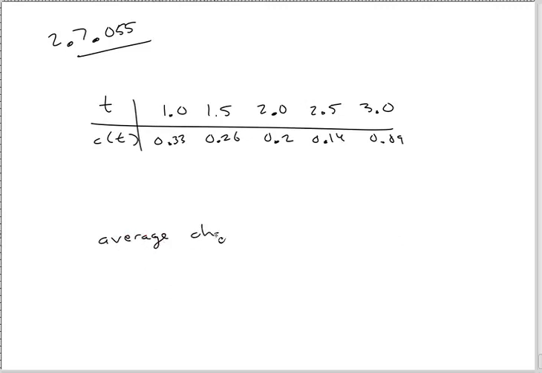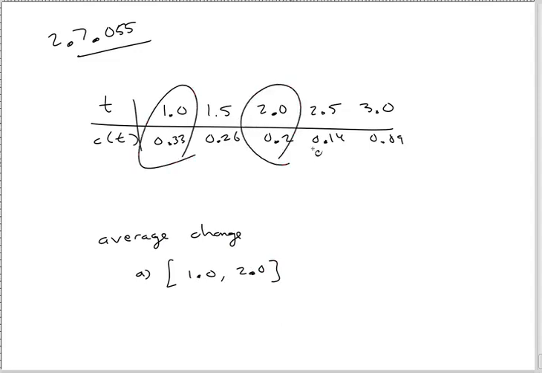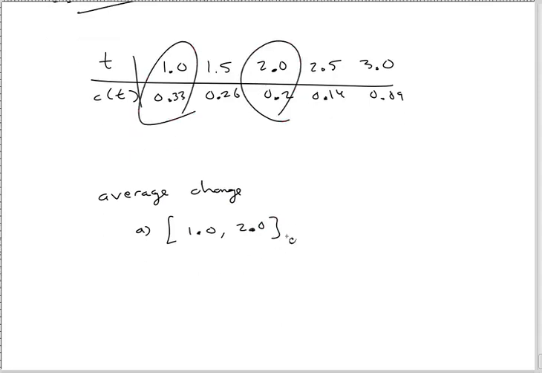change, and for part A, they give you a domain, an interval that they want you to look at. So 1.0 to 2.0. And change is, guess what? That's slope. Yep. So my slope is y2 minus y1 over x2 minus x1.